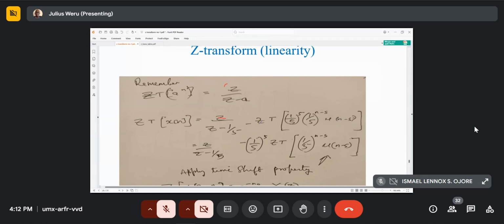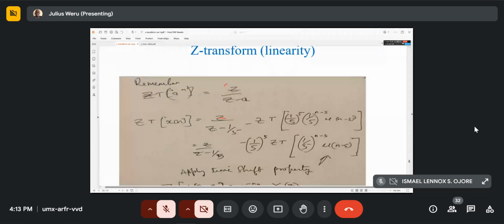And then minus the Z transform of this, which you can bring this out and then take the Z transform, because you can write this in this way, so that you have got 5 outside, and then you have n minus 5. Why are we doing this?